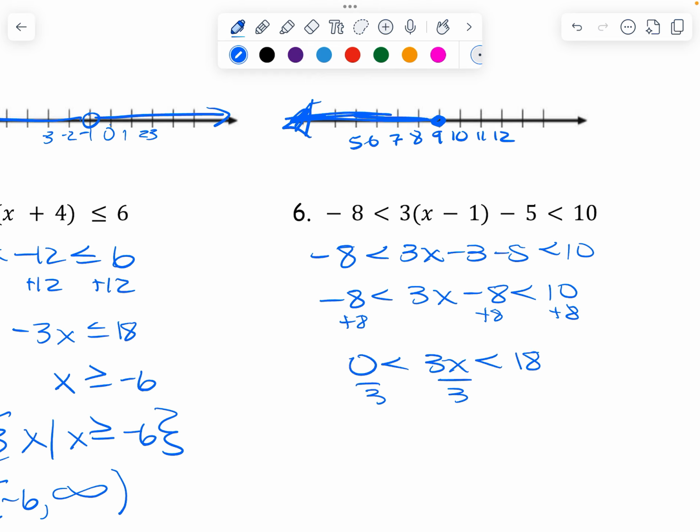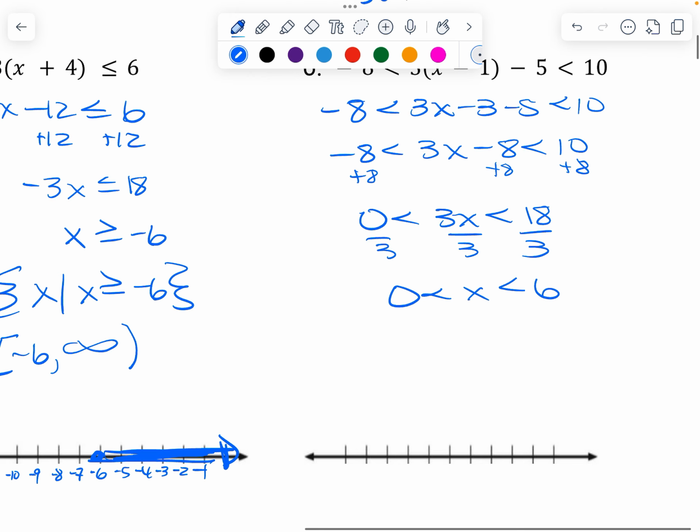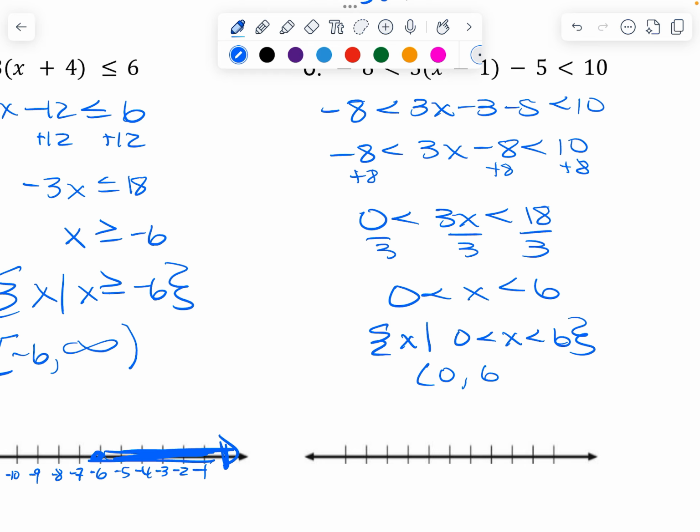Divide by 3 and get 0 is less than x, which is less than 6. So set builder notation. Interval notation. So negative 1, 0, 1, 2, 3, 4, 5, 6, 7. And it goes from 0 to 6 and all the stuff in between.